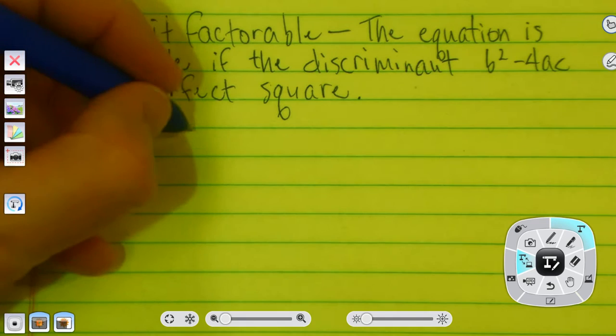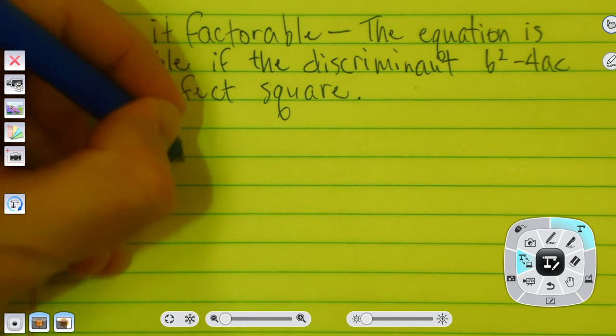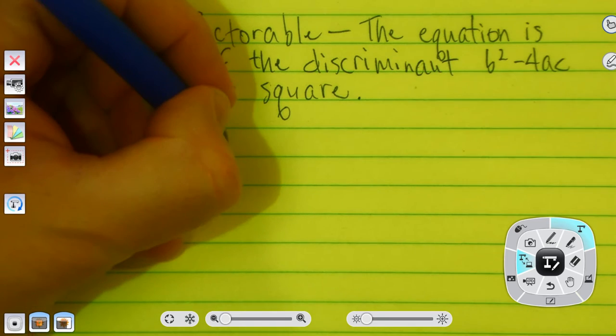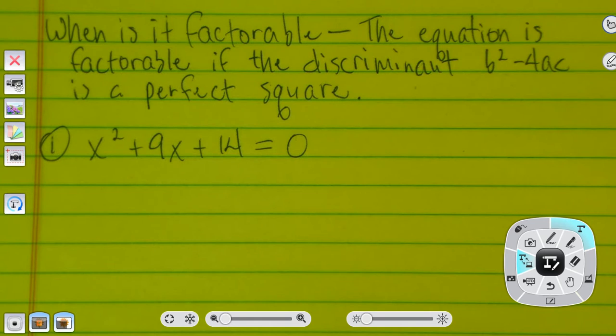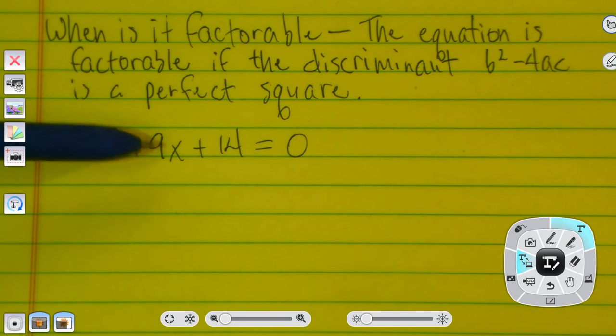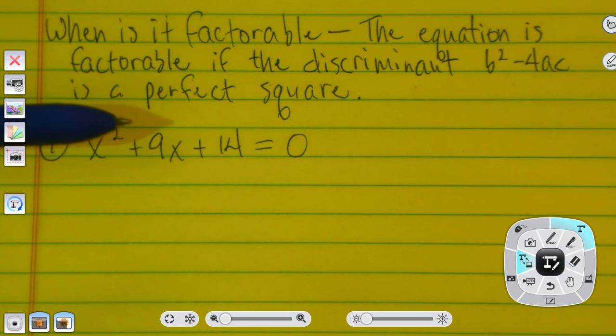X squared plus 9x plus 14 equals 0. Well, the discriminant here is 81 minus 4 times 14, which is 25.